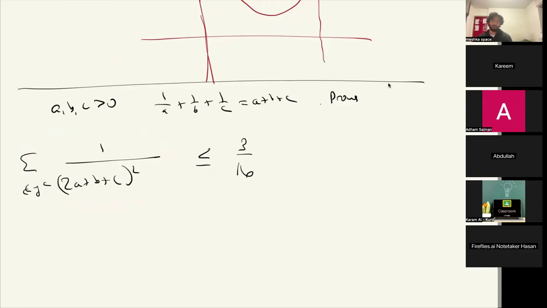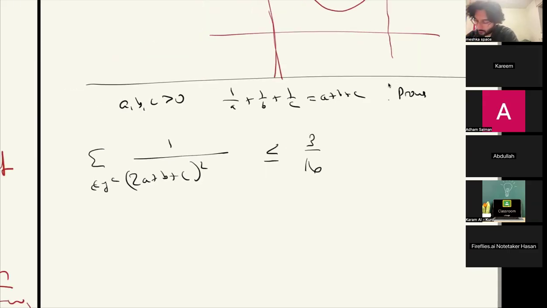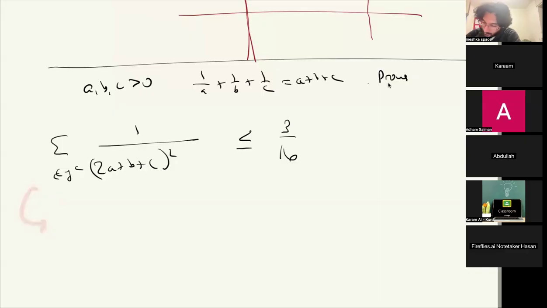Okay, so how would you use Jensen here? The first thing I would do, this is an inhomogeneous inequality. I would homogenize it. So the first thing you do with this problem is you homogenize. And the cleanest way to homogenize, I think, is there's a -2 power here, so you can make this -2 power by replacing with the ratio.